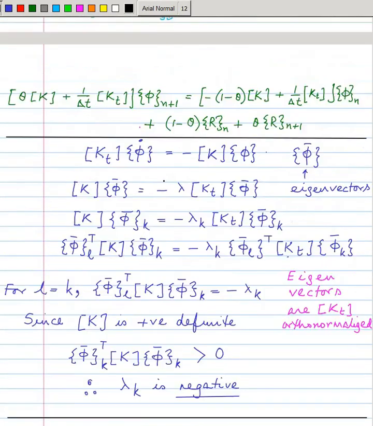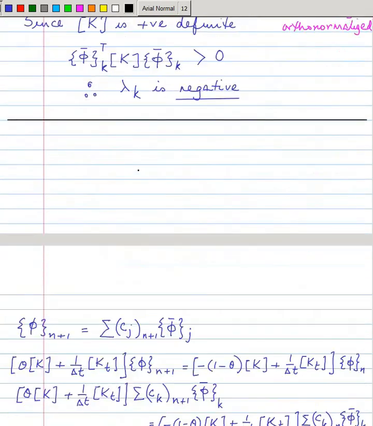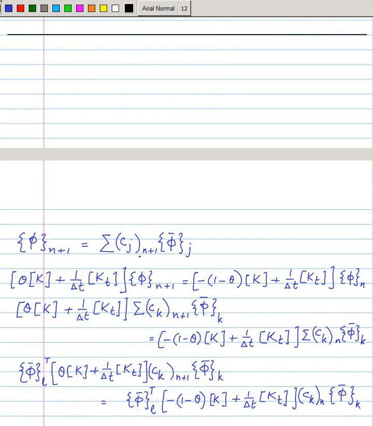Now you assume that the phi n plus 1 here can be written as this coefficient. This coefficient is time dependent. So these Cj's are time dependent, multiplied into phi j.